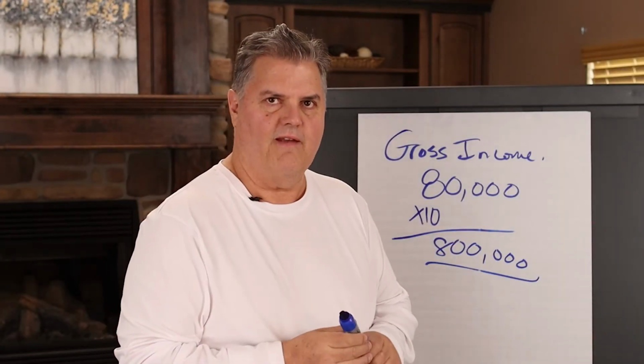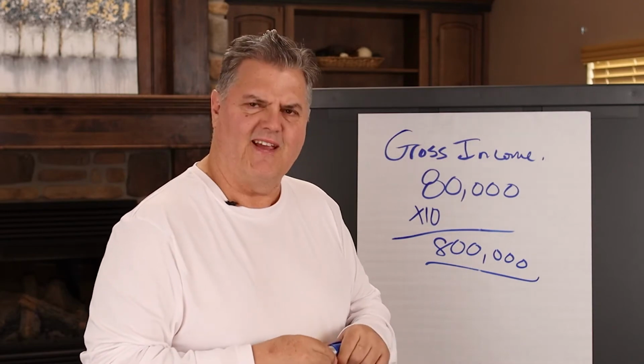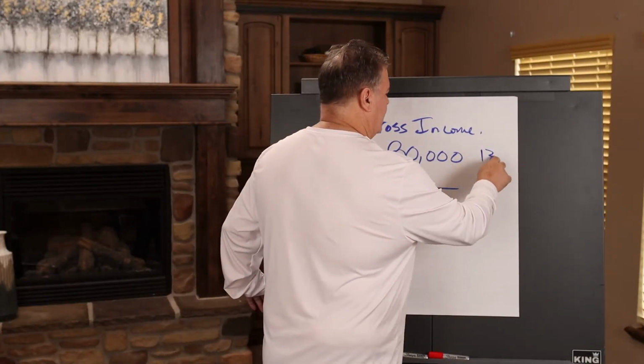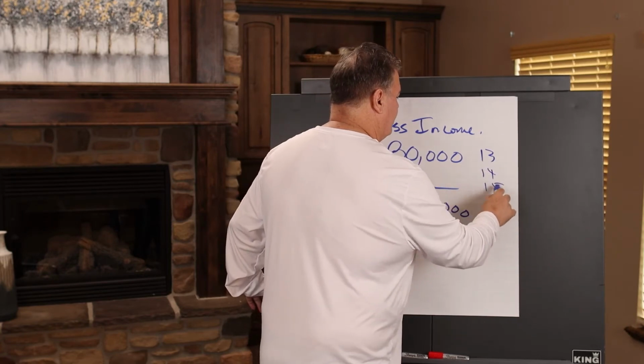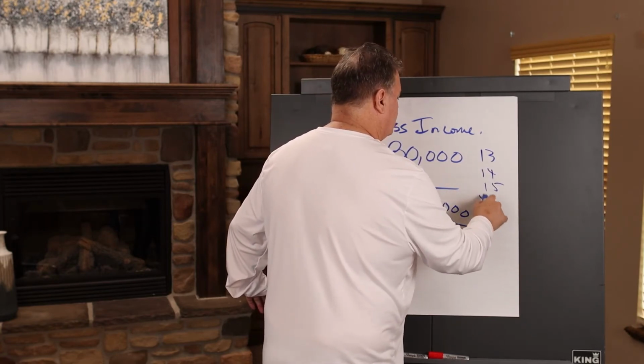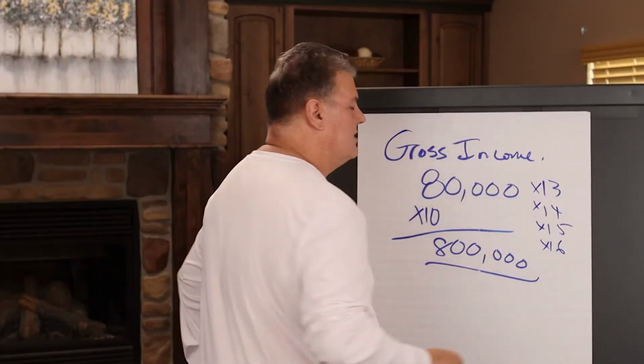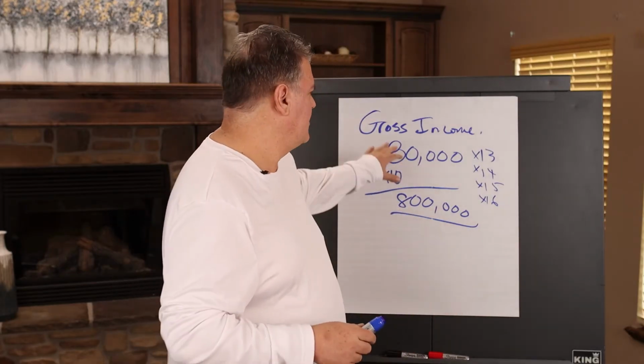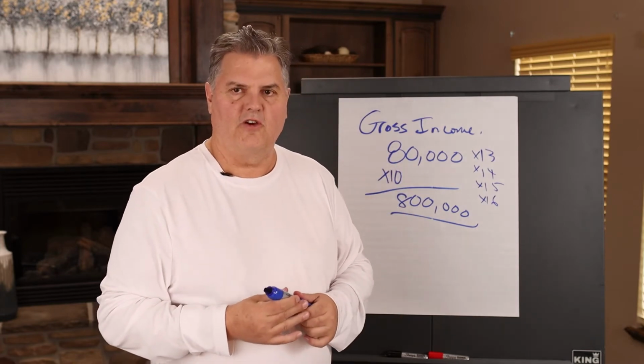And you could compare that to say, does this property make any sense to buy or not? If you got a property that's 13, 14, 15, 16 times gross, all right, it's probably overpriced unless the income and the rents are substantially lower than they could be or should be.